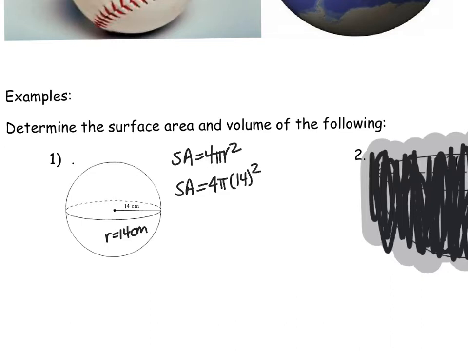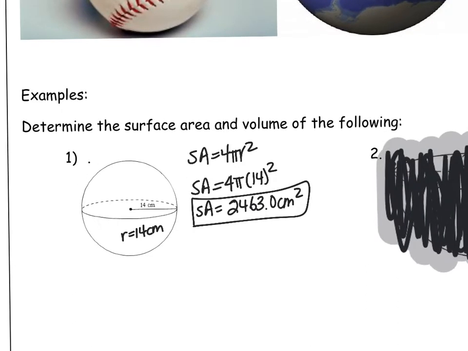And when I put that into my calculator, it tells me that I have a surface area of 2,463.0 centimeters squared.